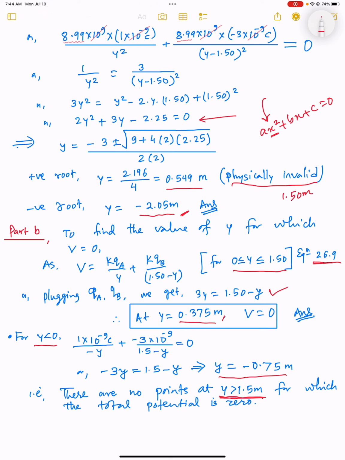This is for y that ranges from 0 to 1.5. This is the answer, and there are no points at y greater than 1.5 meter for which the total potential is 0.